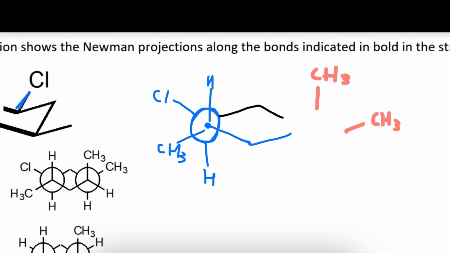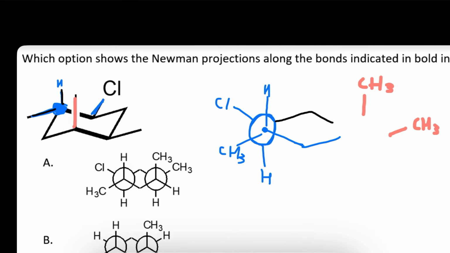Now let's draw our second Newman structure, which is going to be the carbons in the front. We mentioned that there is a methyl pointing out, so this is going to be our front. Because this methyl in the back is not connected to our first carbon of reference, it's going to be in the back, and this side is going to be connected to that, and we need one more thing down here.